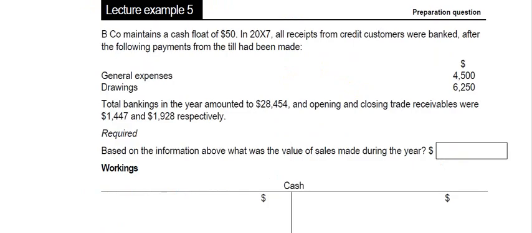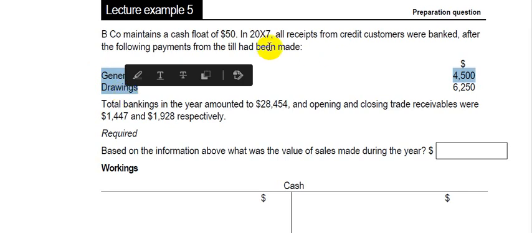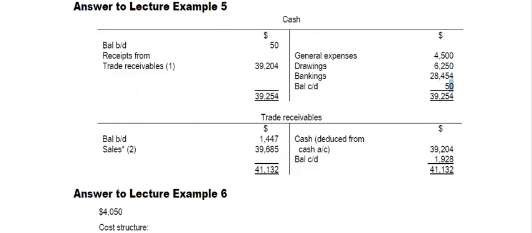Then we are told general expenses 4,500, drawings 6250. Both of these, cash is going out, so we are going to credit the cash account for the drawings and the expenses.